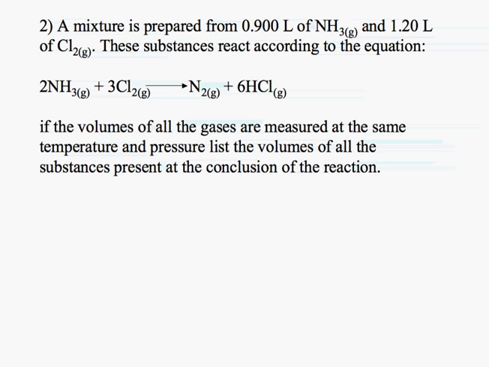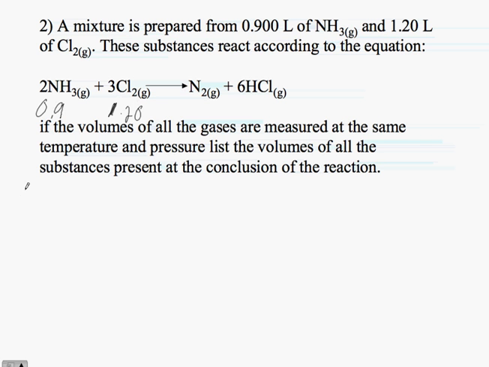Okay, now when we look at this problem, the first thing we need to do: we're told that we have 0.9 liters of ammonia and 1.20 liters of chlorine gas. We need to first find out what's the limiting reagent between these two.